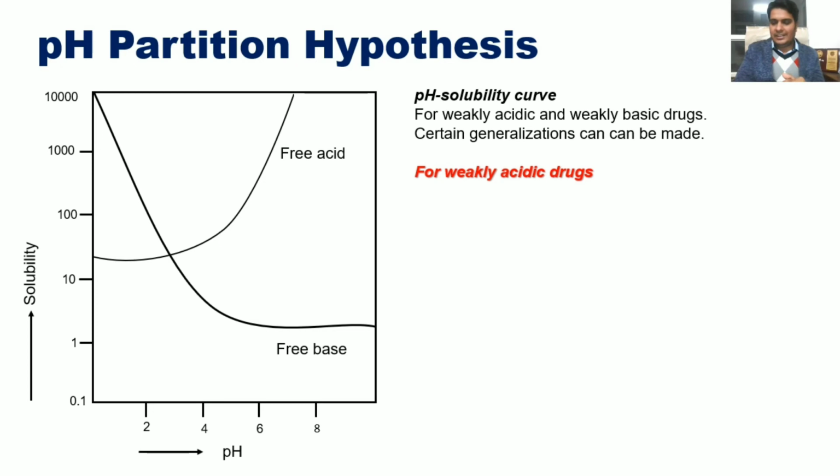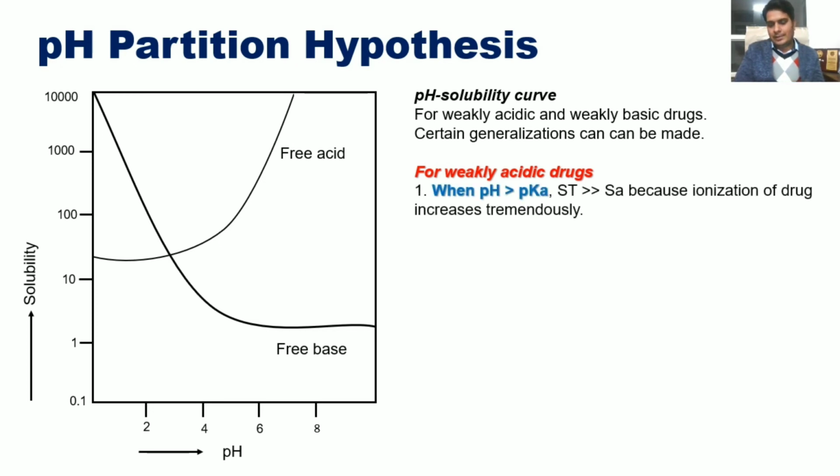For a weakly acidic drug, when the pH is more than pK, then the total solubility of the drug will be much more than the intrinsic solubility, because ionization of the drug increases tremendously.